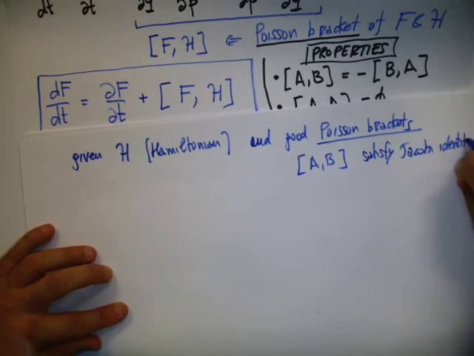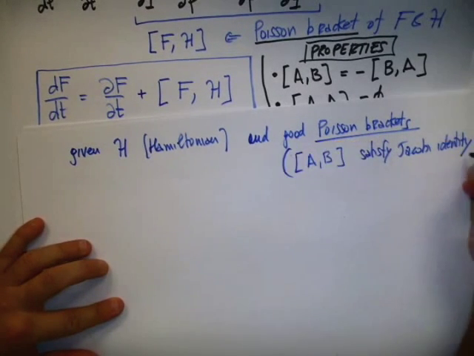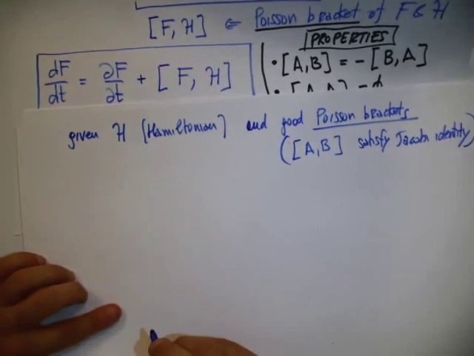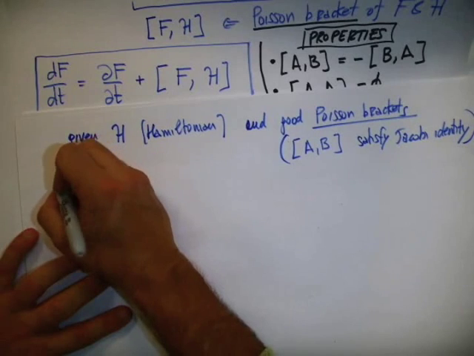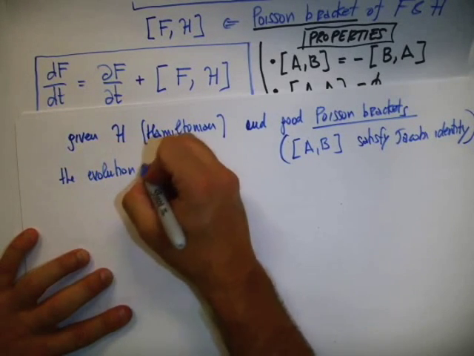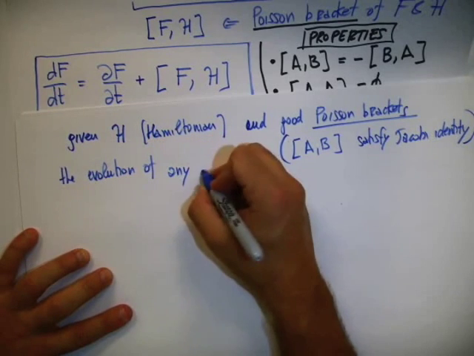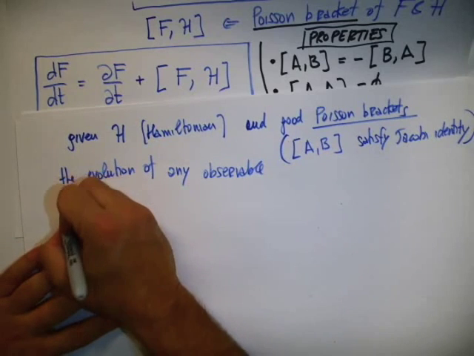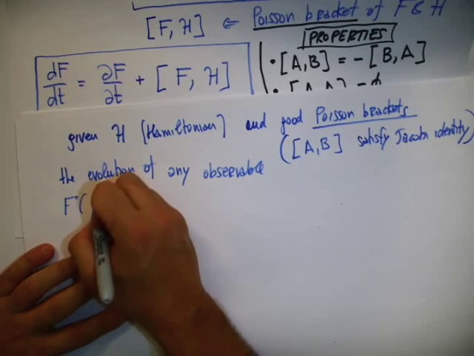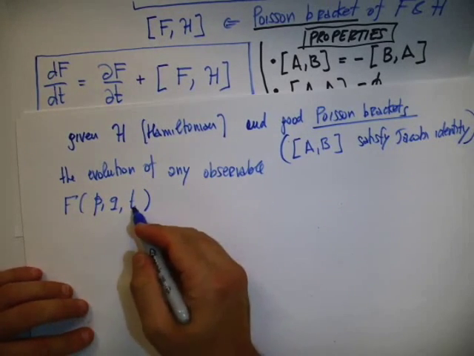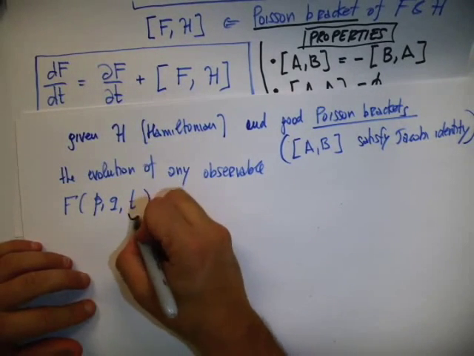That is the most important one. Then the evolution of any observable f, which depends upon p, q, and also can have an extrinsic dependence on time.